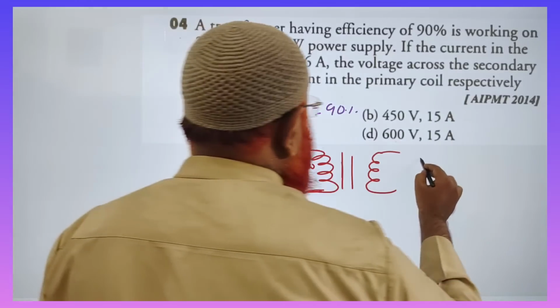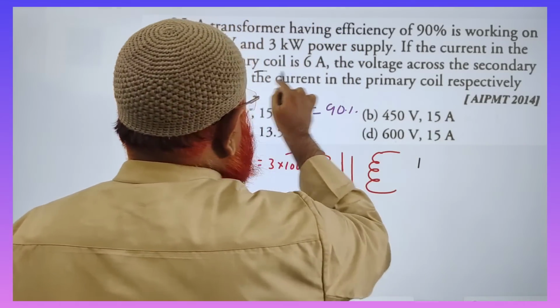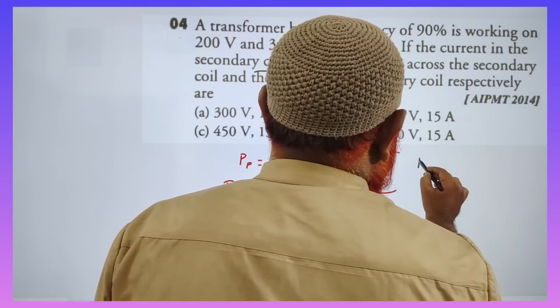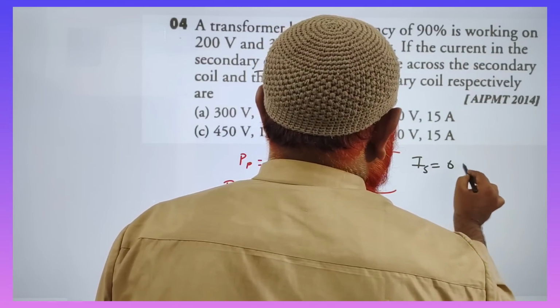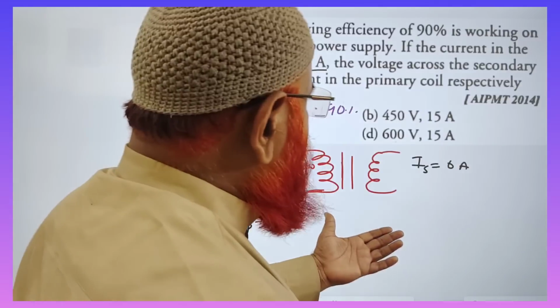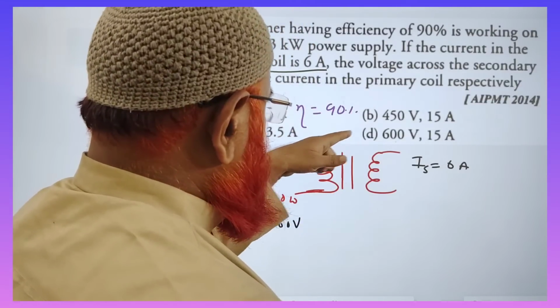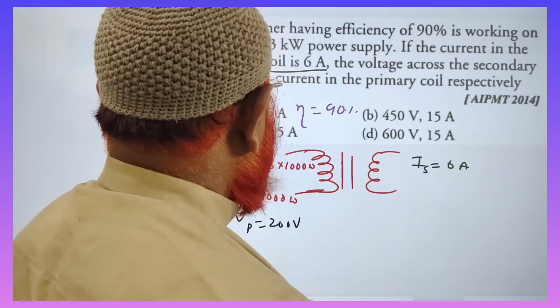So what is given in the secondary? IS is given as 6 amperes across the secondary coil, and the current in the primary coil is respectively how much?